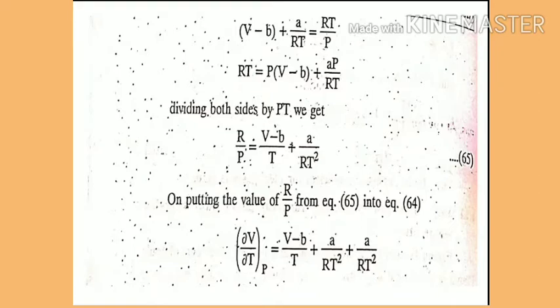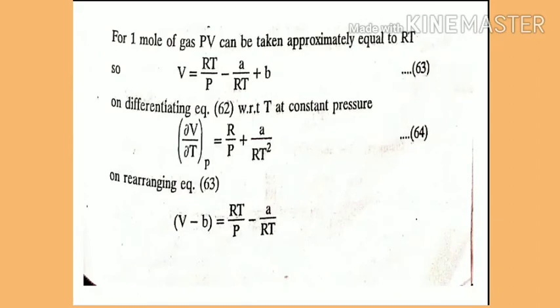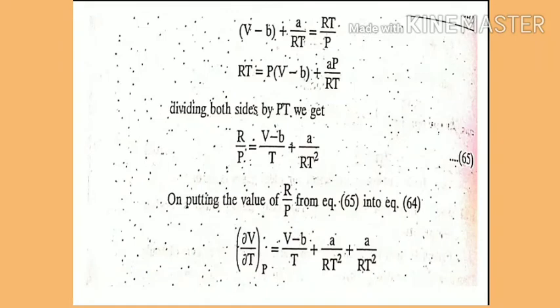So by equation 65 we can get the value of R upon P, and we will put the value of R upon P into equation 64. This is equation 64. Here is the value of R upon P. So we put in this equation the value of R upon P from equation 65, and we get del V upon del T at constant pressure is equal to V minus B upon T plus A upon RT square plus A upon RT square.